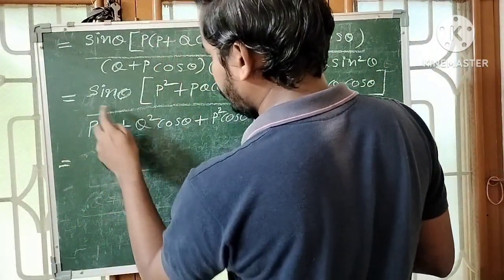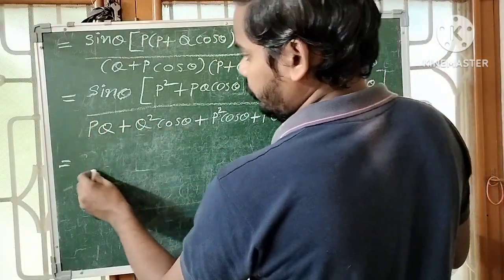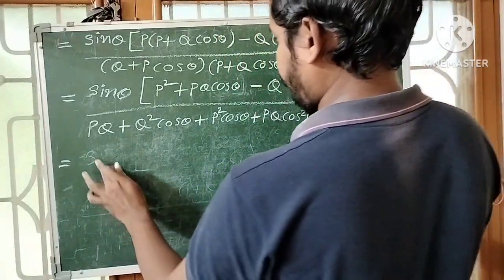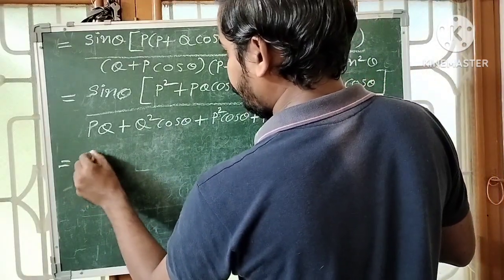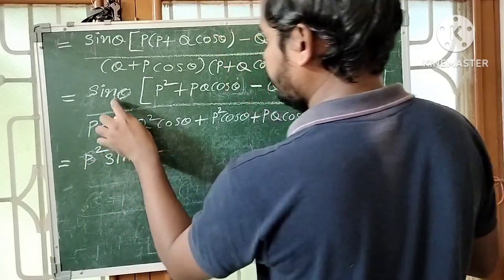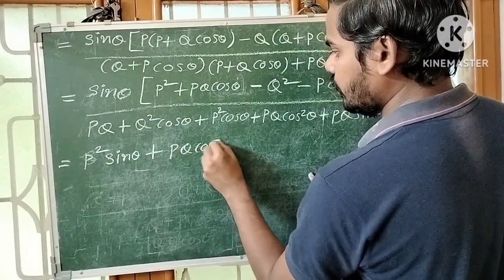So distribute sin theta. P square sin theta plus pq cos theta sin theta.